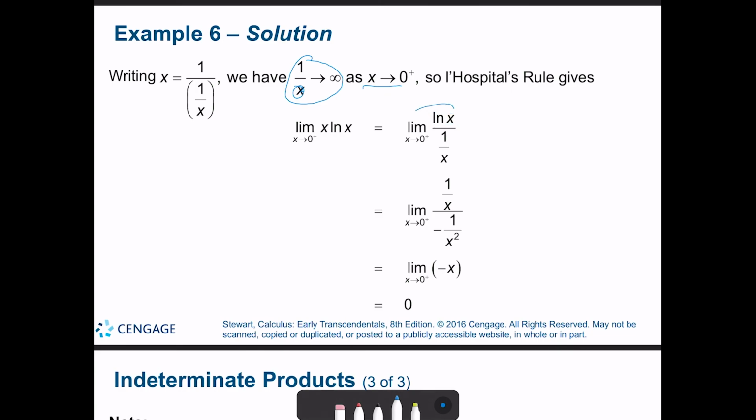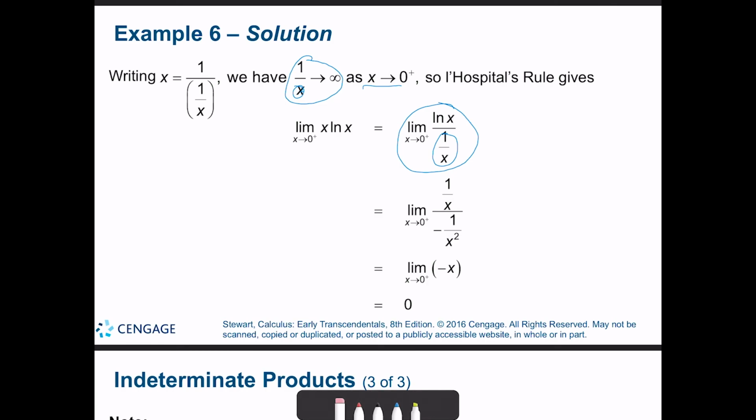Now, we don't want to take the limit of this statement, which is a rewrite, because as x approaches 0, e to the negative infinity would equal 0, and this is of the form positive infinity because 1 divided by 0 is infinity. So we're looking at negative infinity over positive infinity, which is the indeterminate form, which allows us to apply L'Hopital's rule.